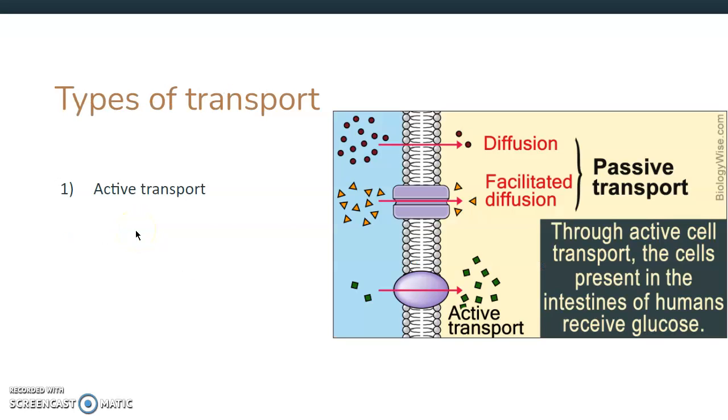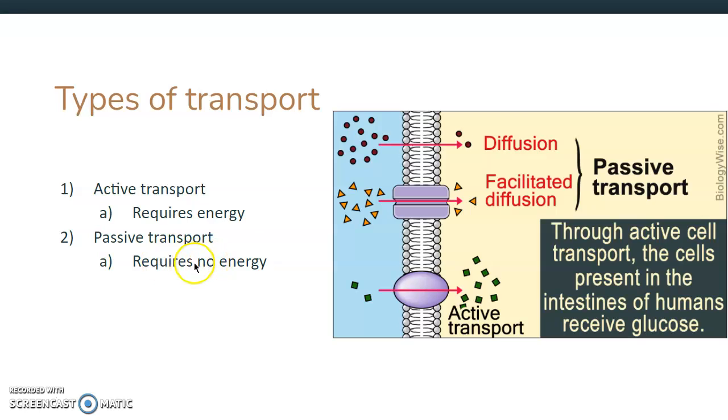So our types of transport, we have active transport, and what is important about active transport is that it requires energy. And then we have passive transport, and that does not require energy. So those are the two differences between them. Our active transport we can see right here, and it uses specific proteins and energy to move molecules.